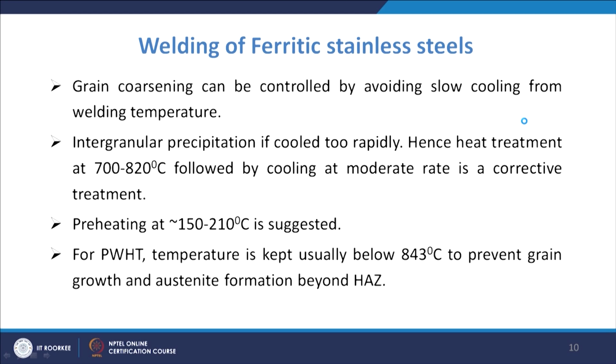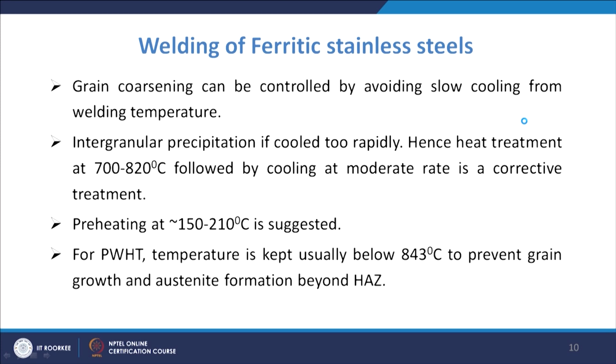If you cool too rapidly, there may be intergranular precipitation. So, after heat treatment from 700 to 820 degrees C, you must go for moderate cooling to avoid that intergranular precipitation.